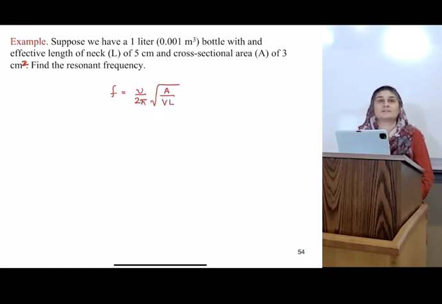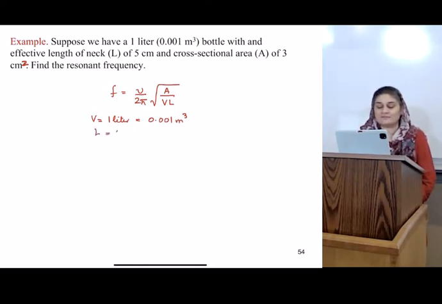Okay. So this question gives us the volume, which is 1 liter. And in SI units, it will be 0.001 meter cubed. It gives us L of 5 centimeters. There is a problem. And it gives us an area of 3 centimeters squared.